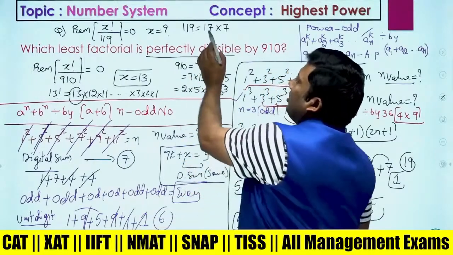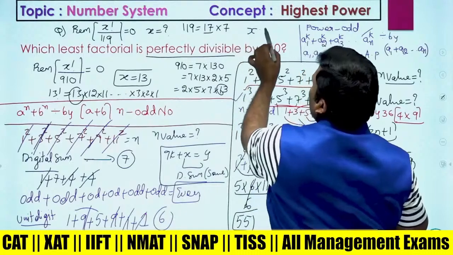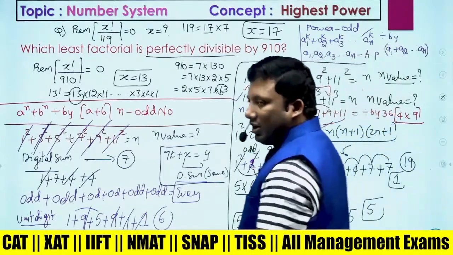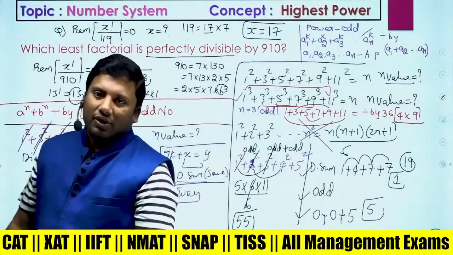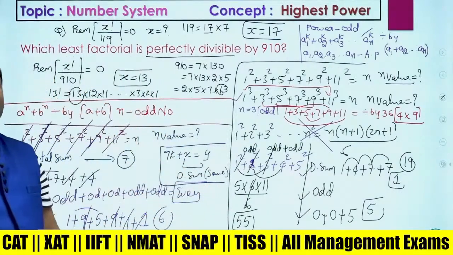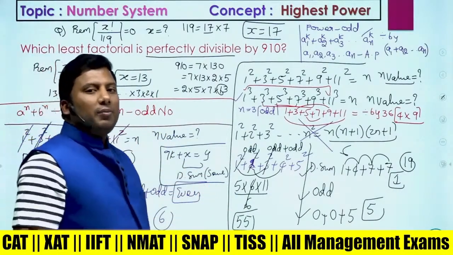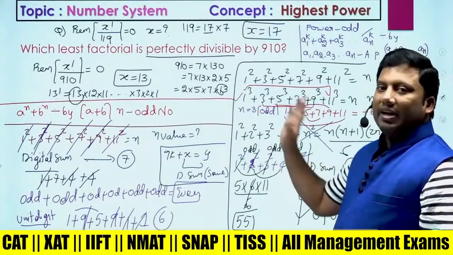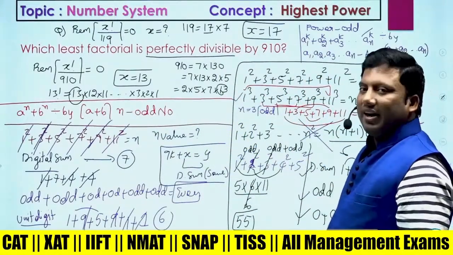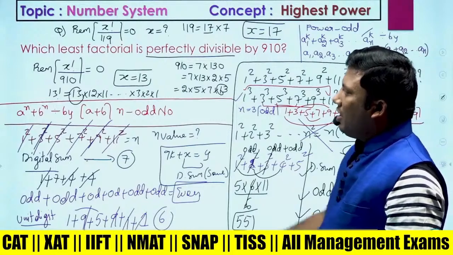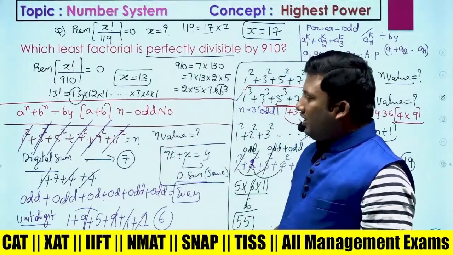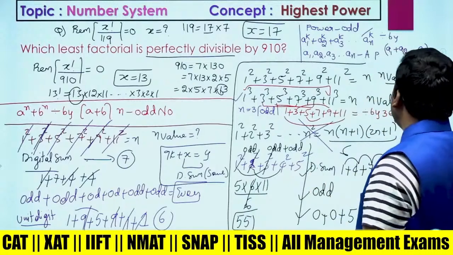What is the highest prime number? 17. So 17 factorial when divided by 119 will give remainder 0. For each and every question, if I think it is a new question, then I'll create some other question so that it will be extremely clear to you. Is the idea clear? 119 is 17 into 7, so the x value should be 17.